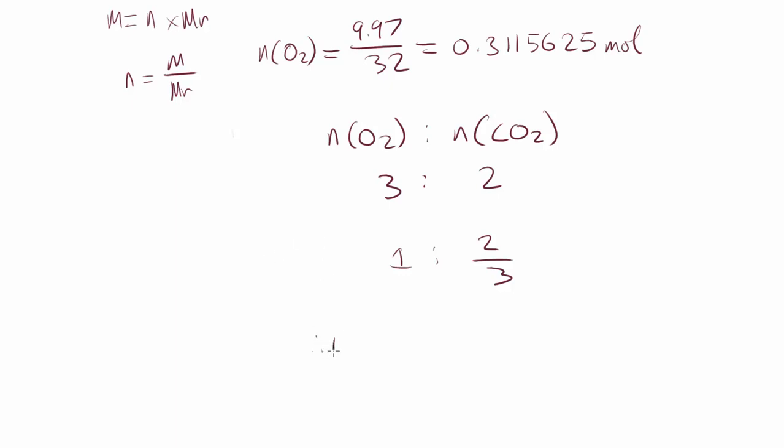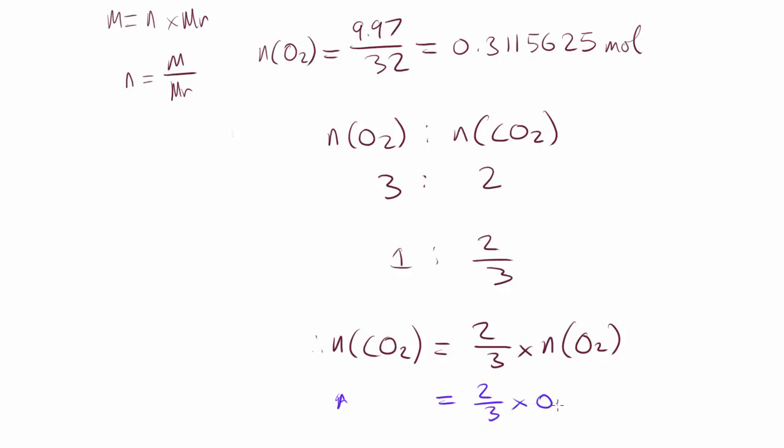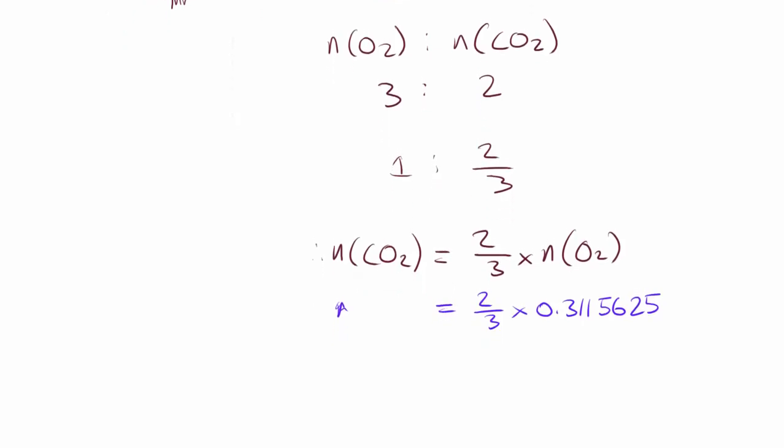So therefore, the moles of carbon dioxide, CO2, is equal to 2 over 3 multiplied by the number of moles of oxygen. We just worked that out, so that equals 2 over 3 multiplied by 0.3115625.